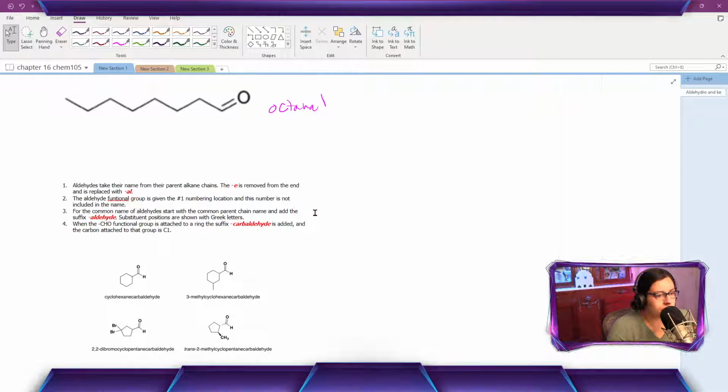And so the aldehyde functional group is given the number 1 spot, and so that's not included in the name, and everything else would be dependent on that. And the common names usually start with the common parent chain and add aldehyde.